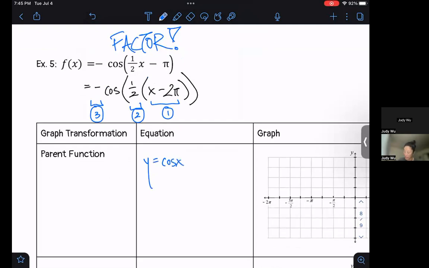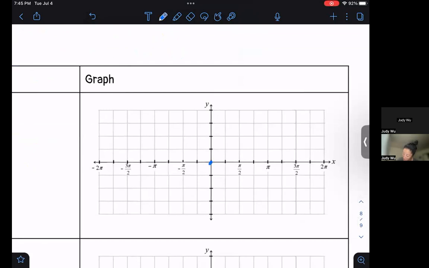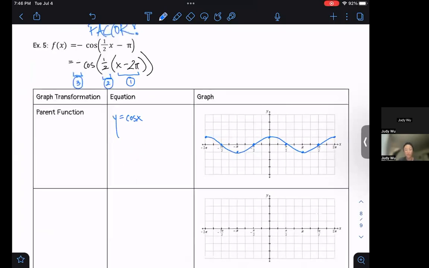Y equals cosine x. All right, let's graph it. And in case any of us are out there thinking in our brains, oh, I wish I didn't have to graph every single point, I think the more we graph, the easier it is for our brains to remember where we want to put things, okay?